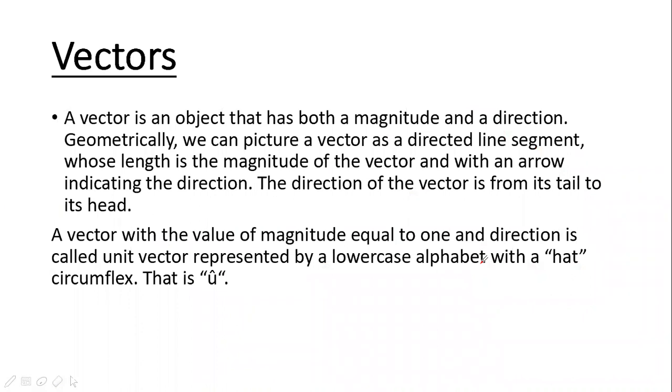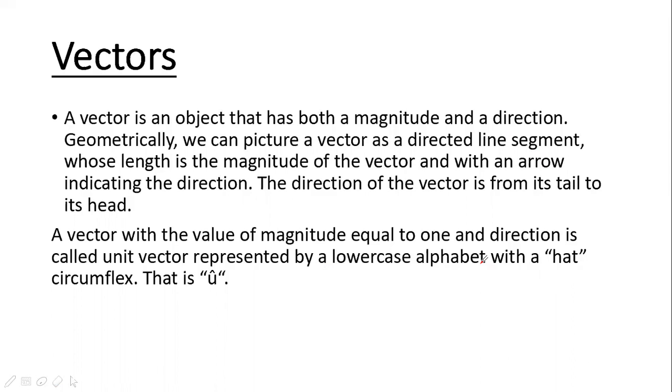So here a little bit of detail about vector is written. You study it by yourself. I will just read, and if necessary, I will explain. A vector is an object that has both magnitude and direction.